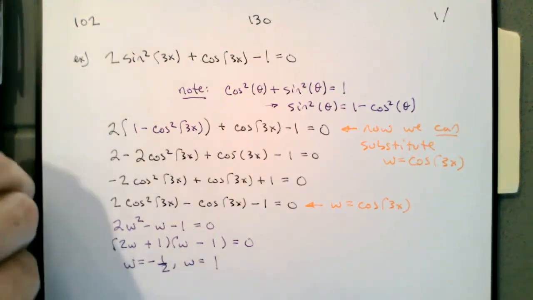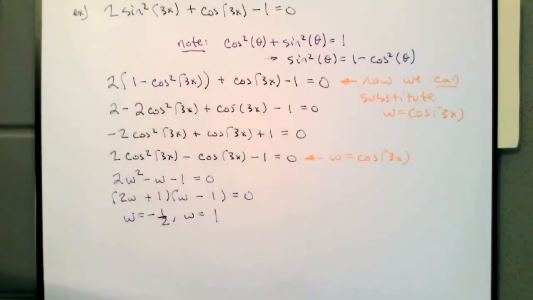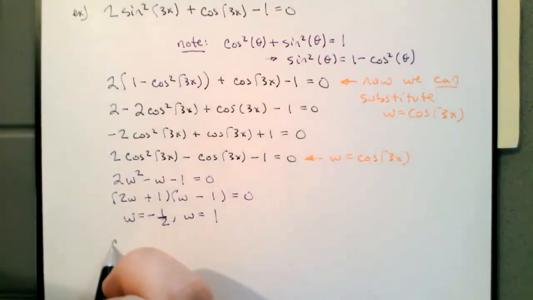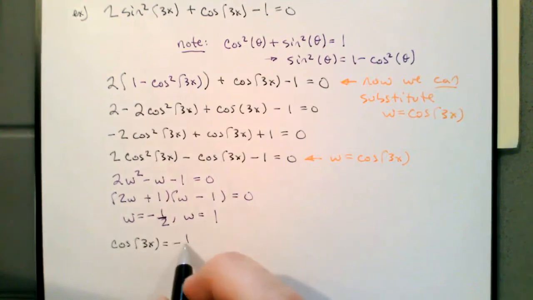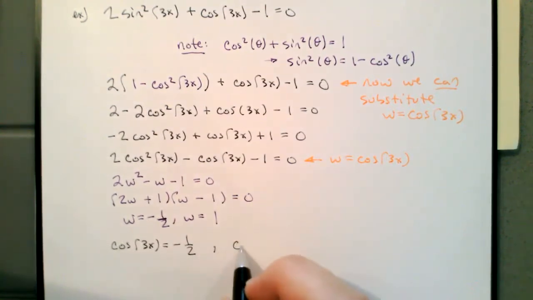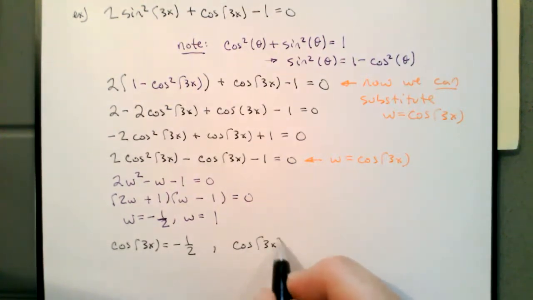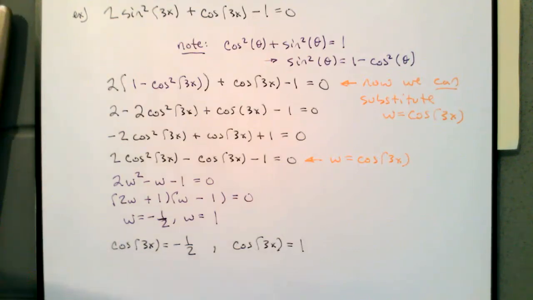So the equations that we need to solve are cosine of 3x is equal to minus 1/2, and cosine of 3x is equal to 1. Now we've just got a couple of trigonometric equations to solve.